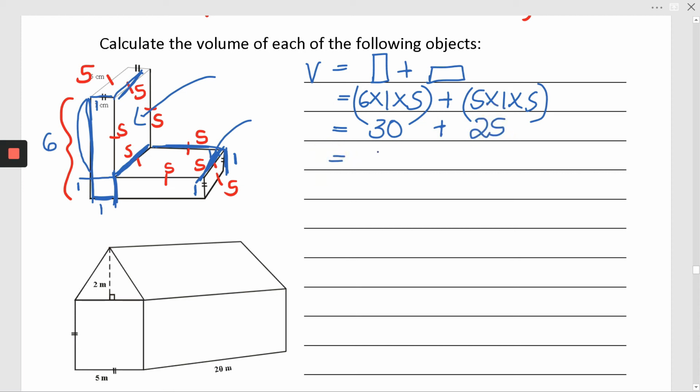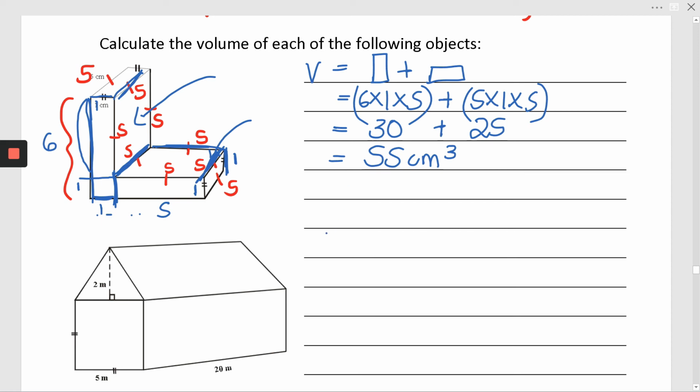So my total answer is 55 cubic centimeters. And if I'm making it look easy, it's simply because the actual calculation is the easy part. The difficult part in these questions is figuring out all the different labels that need to go everywhere and what you have to do to be able to get towards your answer.